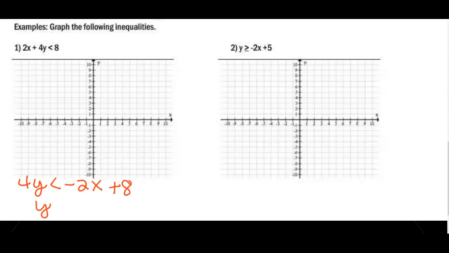So I have negative 2 divided by 4 is negative 1 half, and 8 divided by 4 is 2. Now my equation of my line is in slope-intercept form, so I can plot my y-intercept at positive 2.